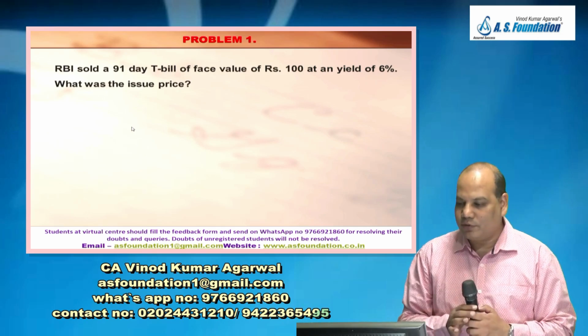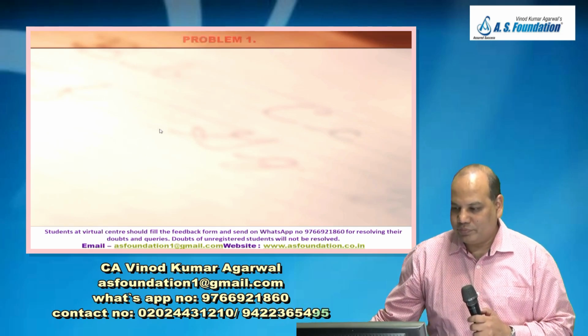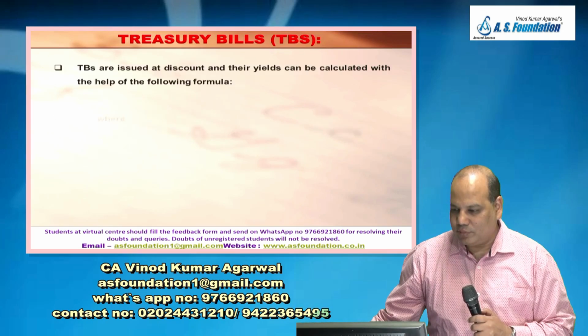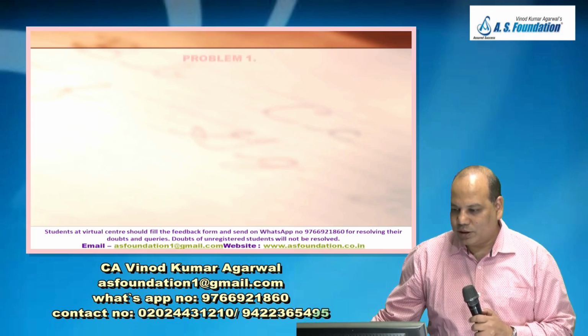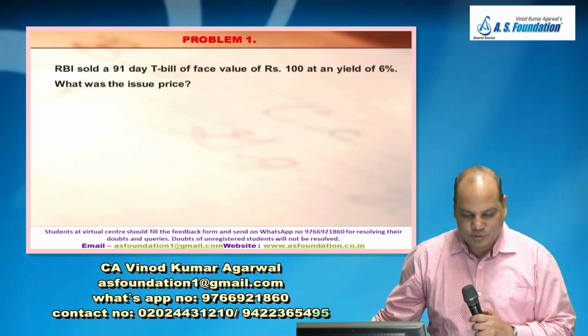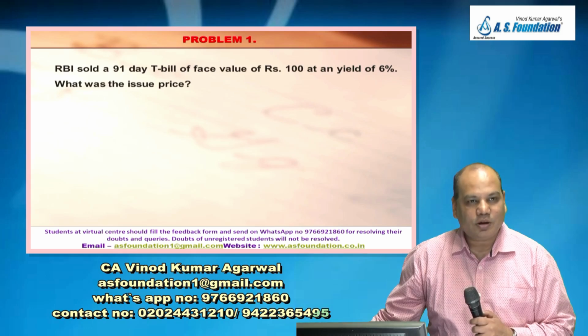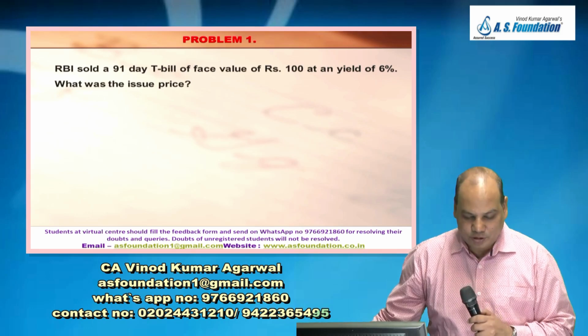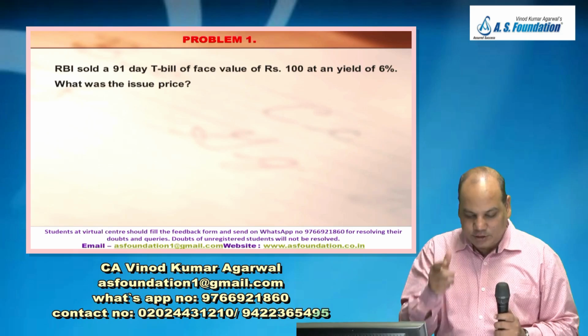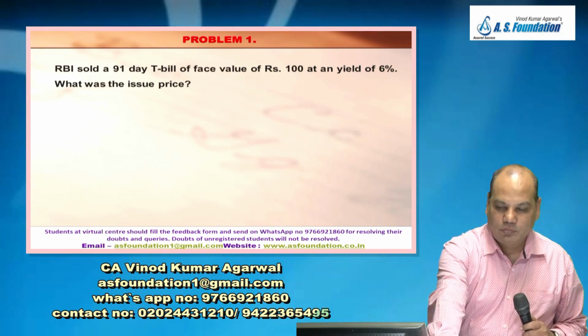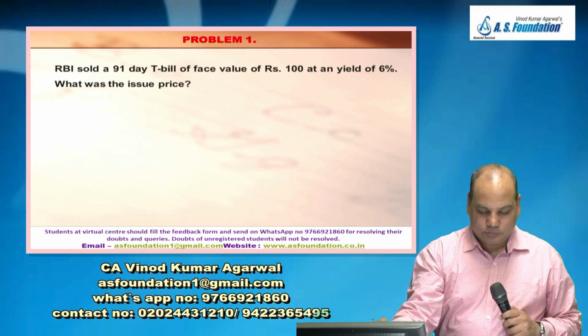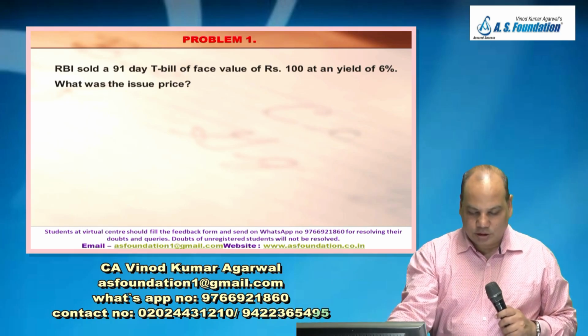What is the formula for yield? Formula for yield is face value minus issue price upon issue price into 365 by n, into 100, where n is the 91-day bill.